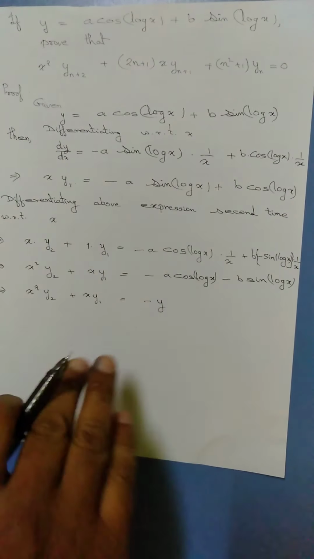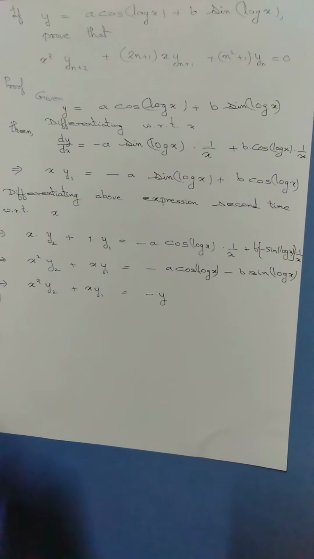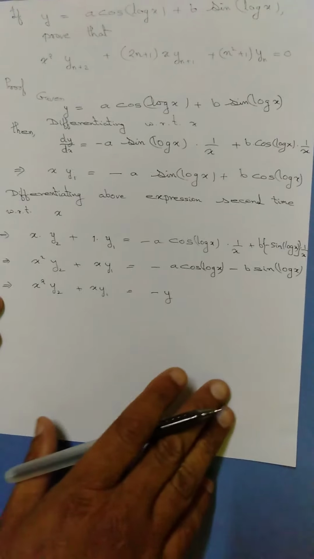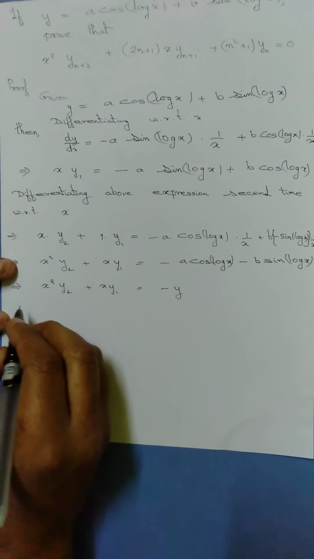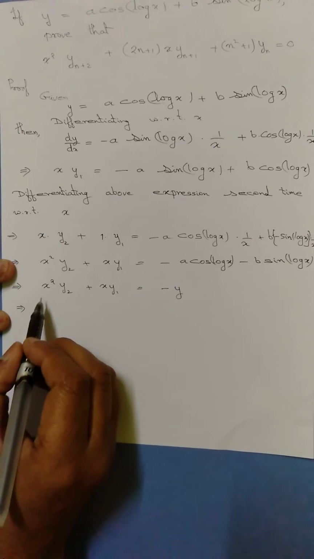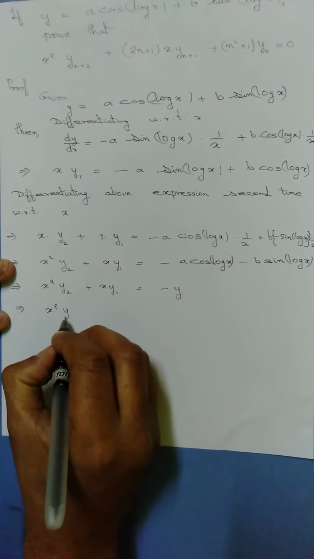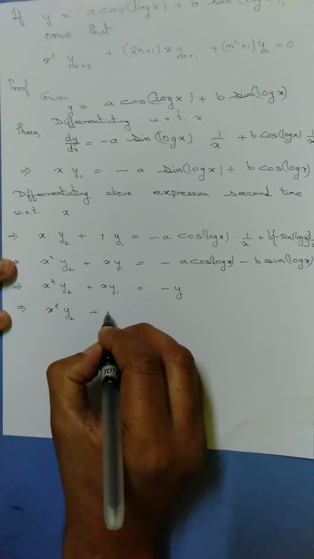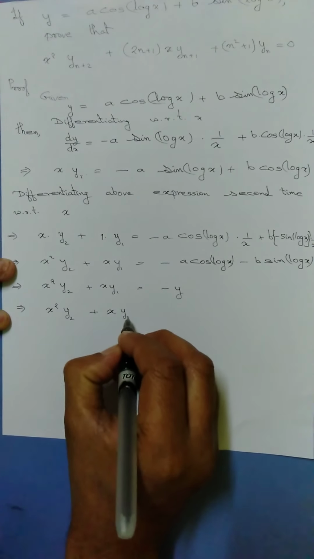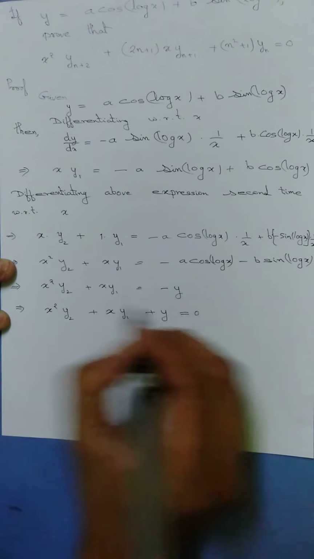Let's take y to the left hand side. We can do it later also, but let's do it here itself. And we have x square y2 plus x y1 plus y equal to 0.